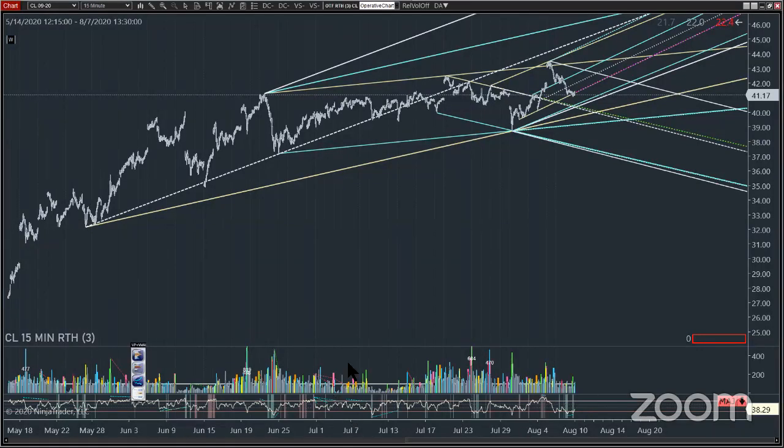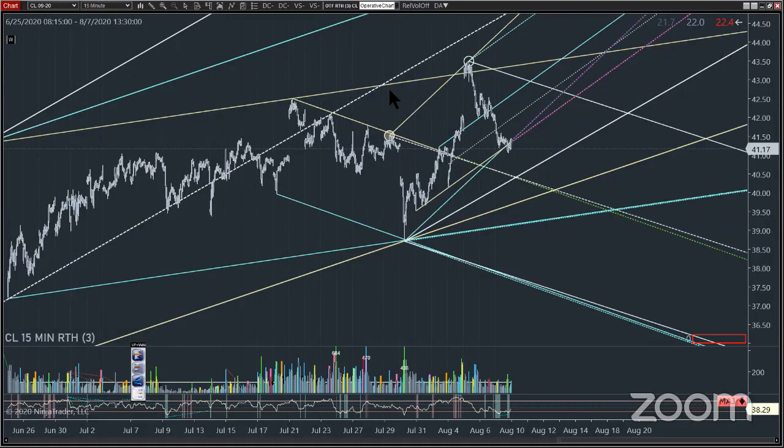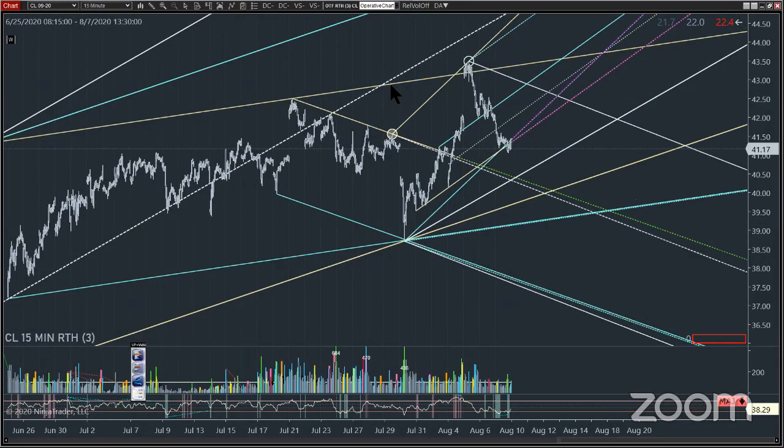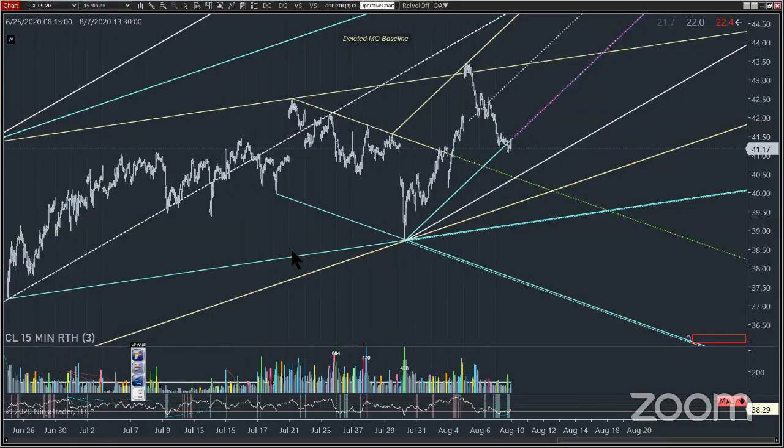And then what was it? It was this swing high, right? Yep. So technically that is the high before the low.